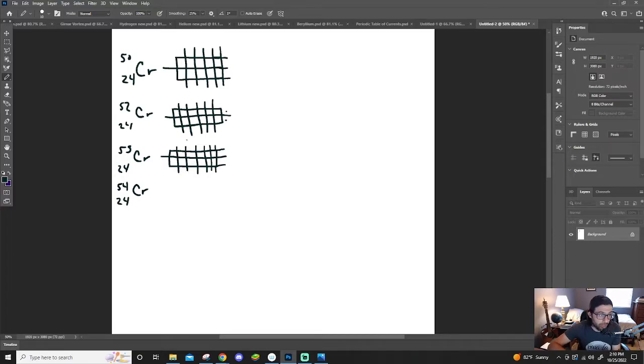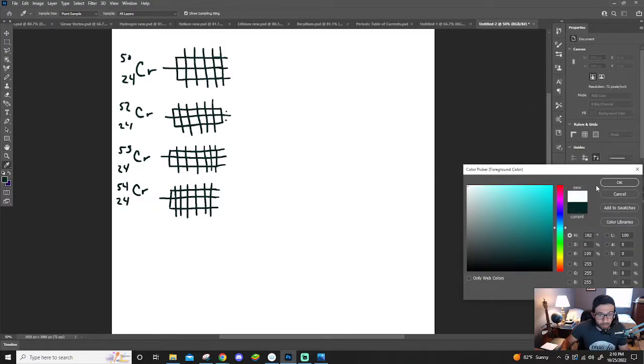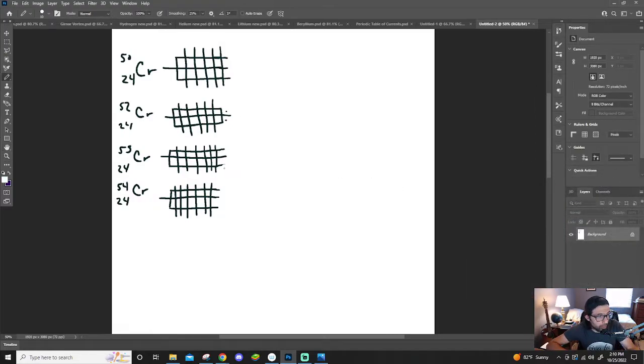And then I actually just drew the structure for that one. So I need 6 lines here. 1, 2, 3, 4, 5, 6. And then I just need to erase this little bit here. Okay.